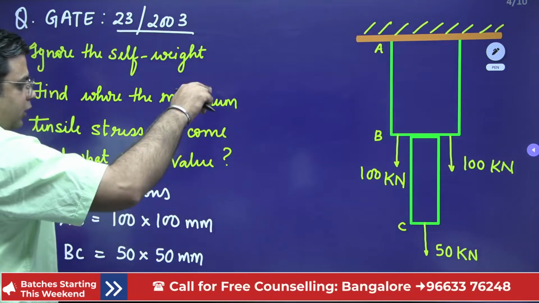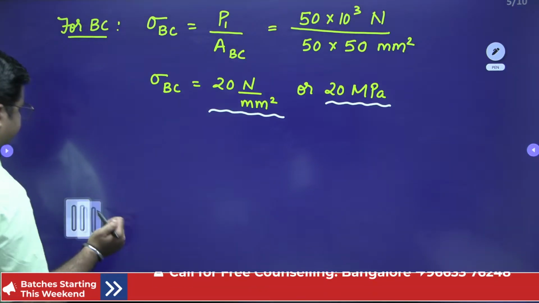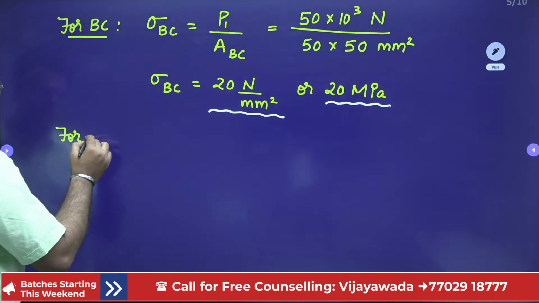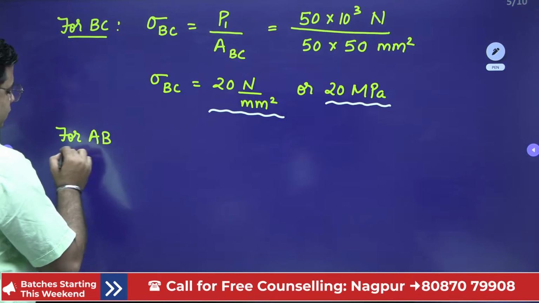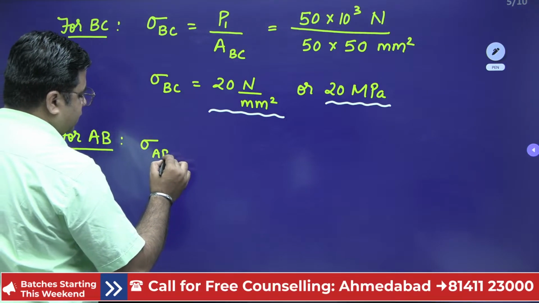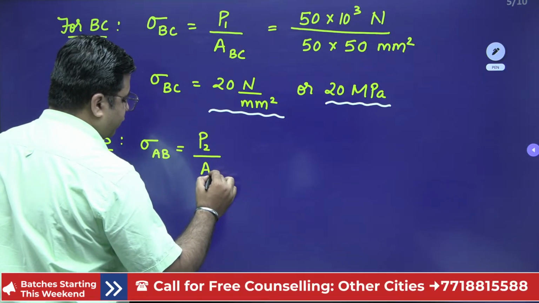So stress in AB is equal to load P2 divided by area of AB.